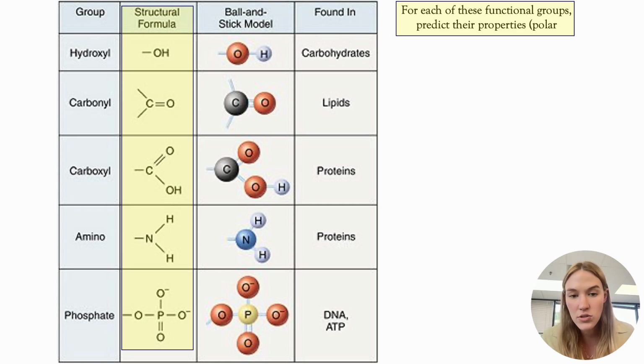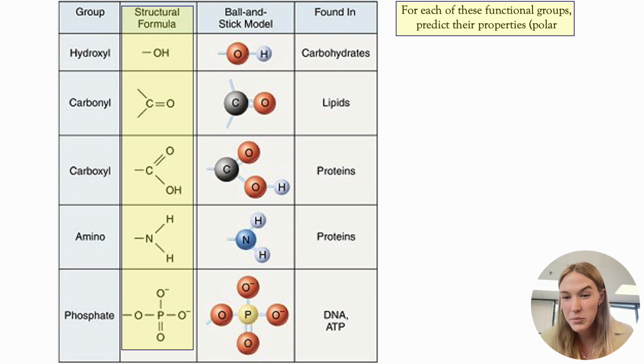So a hydroxyl group, when it is on a molecule, it could end up giving it basic properties or acidic properties, depending on the situation. But this hydroxyl group is, as you can see, quite similar to water, so we can predict that this is probably going to be polar. We have that oxygen that would pull on the electrons more than that hydrogen, so it would be polar.